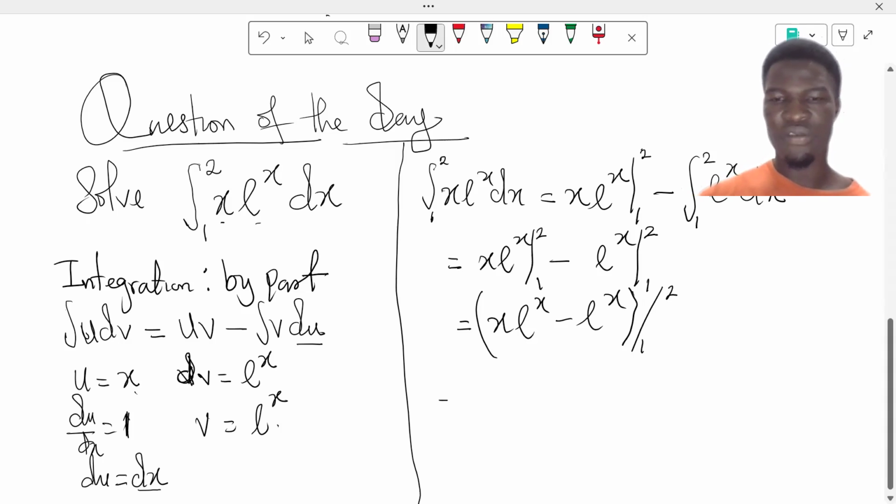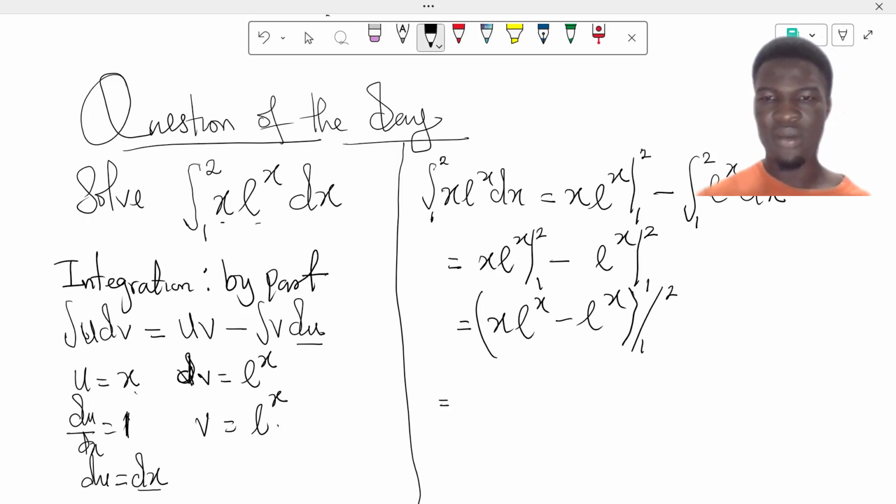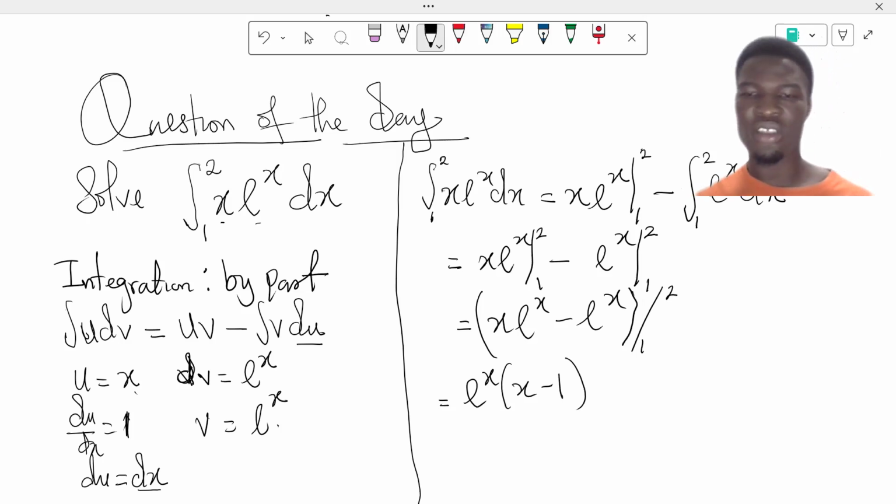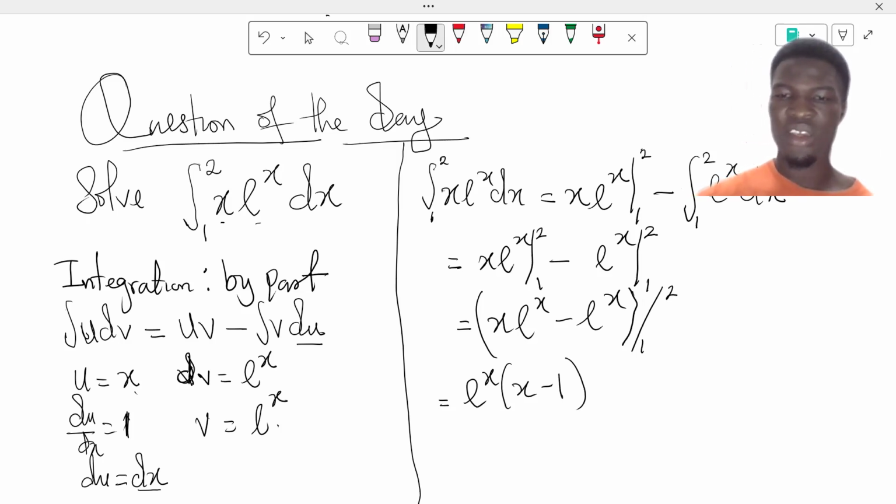I can factorize, taking exponential x out, and I would have exponential x times (x minus 1). Anywhere I see x, I put in the limit.